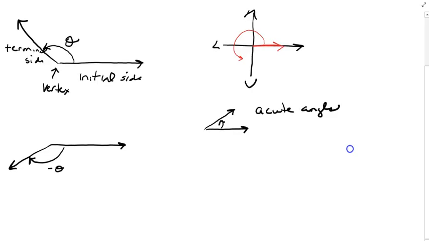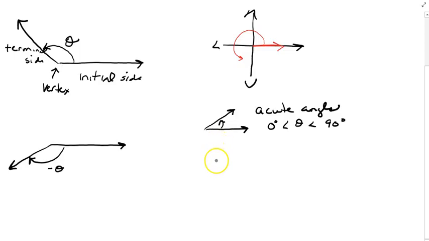And what makes an acute angle acute? Well, it's a small angle, particularly less than 90 degrees. So in other words, it is an angle that is greater than 0 degrees, but less than 90 degrees.